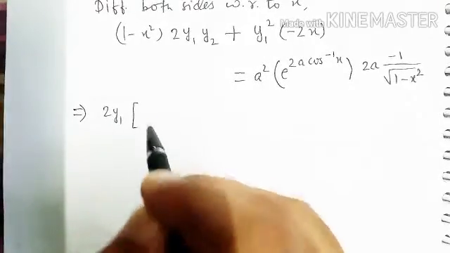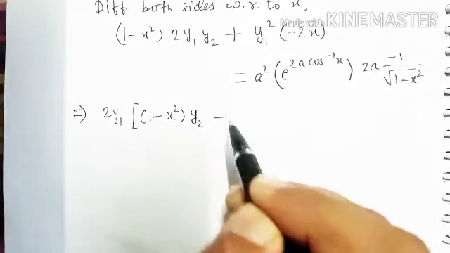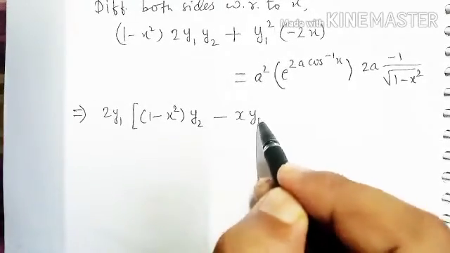So we have 1 minus x square y2 minus x y1.